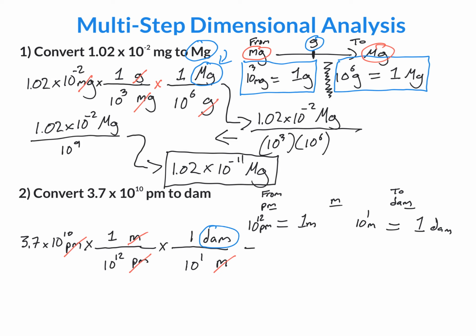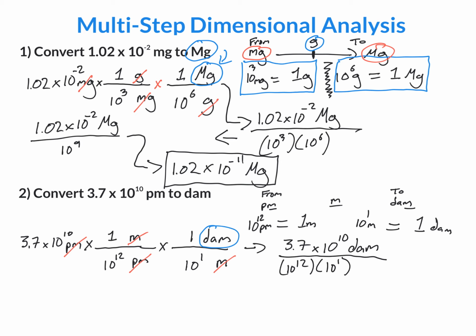All right, so let's condense this here over to the right. 3.7 times 10 to the 10 DAM over 10 to the 12 times 10 to the 1.